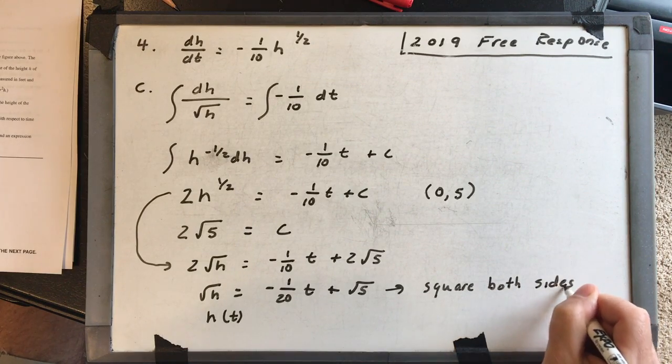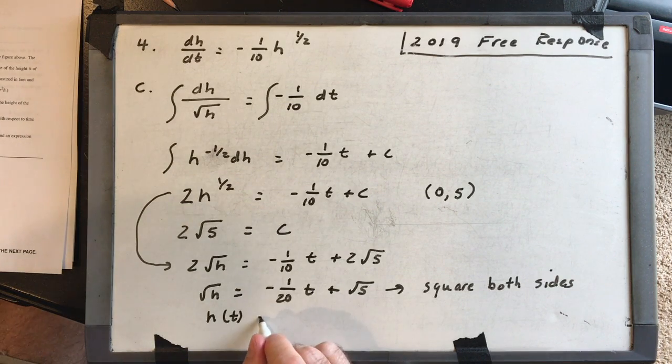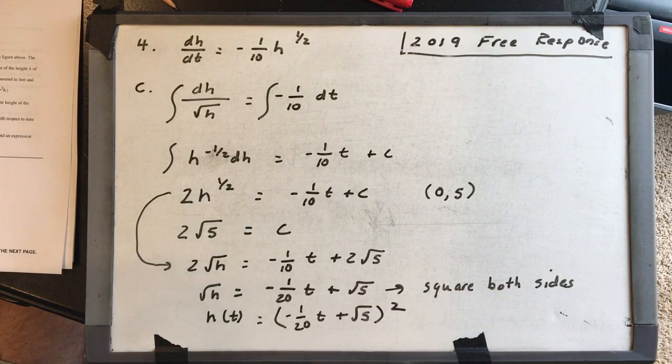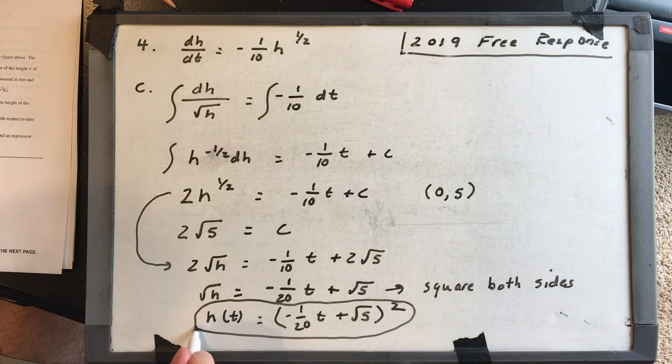This is one of those problems where each step would be worth a point. So this is going to be h equals negative 1/20 t plus root 5, all squared. And so you are done with that one.